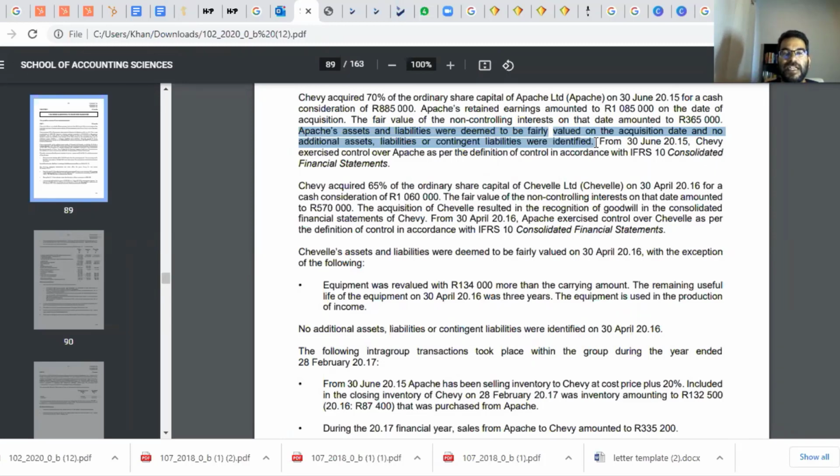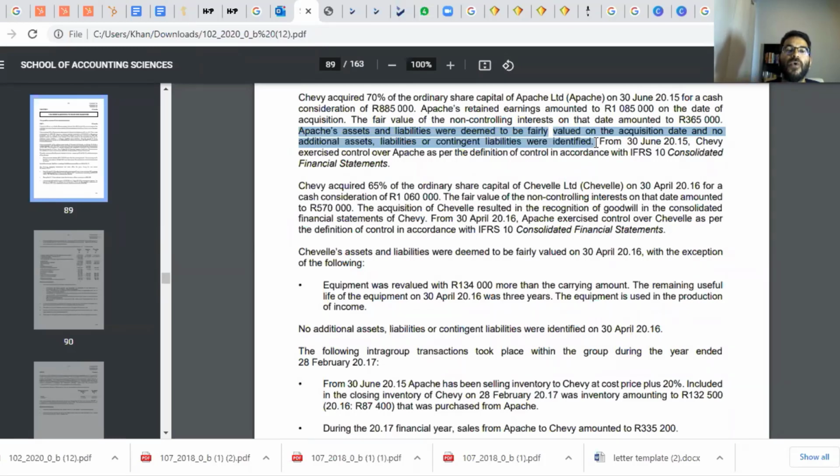And similarly, this company does not have contingent liabilities. Like we said, contingent liabilities are not presented on the statement of financial position, but rather disclosed in the notes to the financial statements. But when there is a business combination, certain contingent liabilities need to be recognized as a liability. So that is why you will often see that sentence, that all assets and liabilities are fairly valued at the acquisition date, and no additional assets, liabilities, or contingent liabilities were identified.